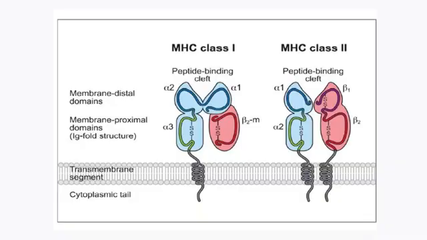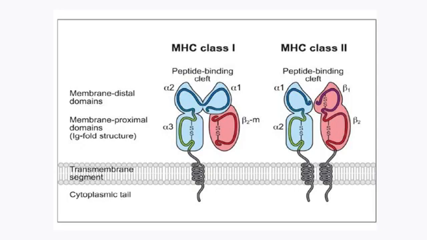MHC class 2 molecules consist of two polypeptide chains, namely alpha and beta. The alpha chain possesses alpha 1 and alpha 2 as the two functional domains. In the same way, the beta chain consists of beta 1 and beta 2 as functional domains. MHC class 2 molecules are recognized by the CD4 type of T cells, or helper T cells.